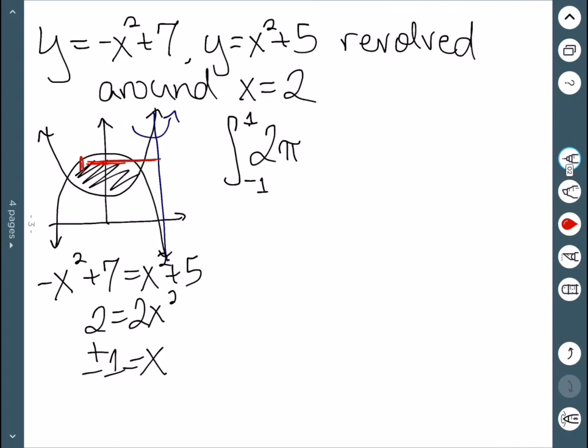In fact, negative x gives me this distance. And to get to here, I have a 2. So in this case, it would actually be x plus 2.